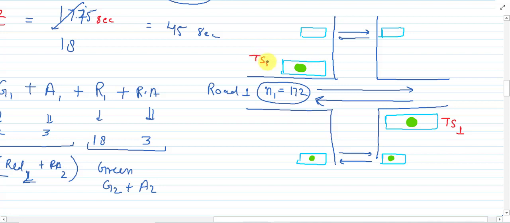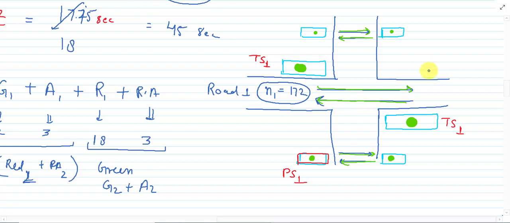Similarly, this is the traffic sign for road 1, and here is another sign which indicates information for pedestrians. So this is pedestrian sign 1. Whenever there is a green light for pedestrians, they will move in this direction. Like this they will cross road 2, and vehicles will cross like this.